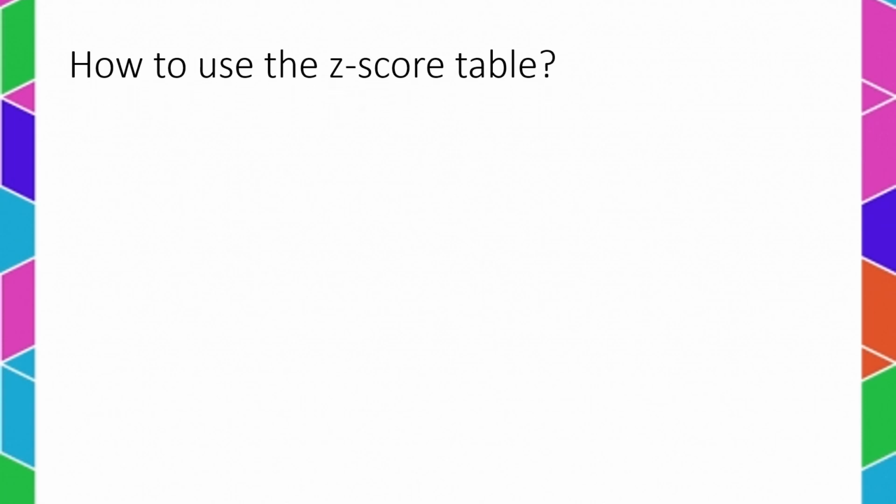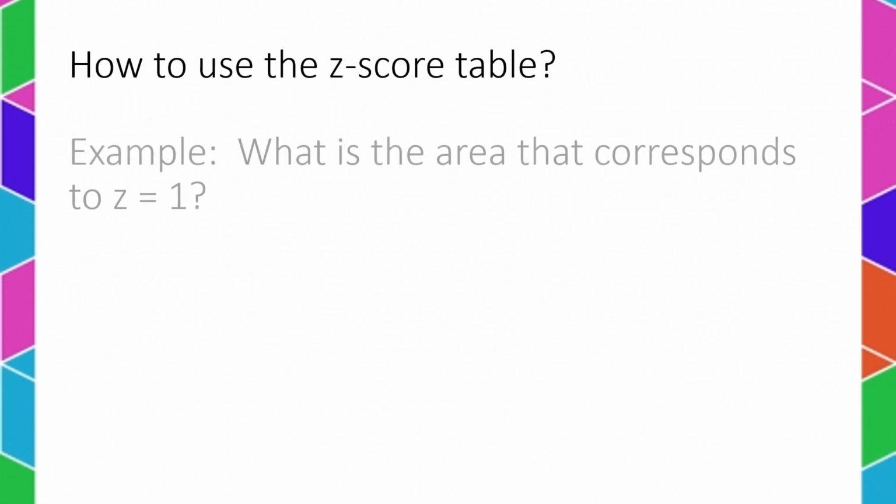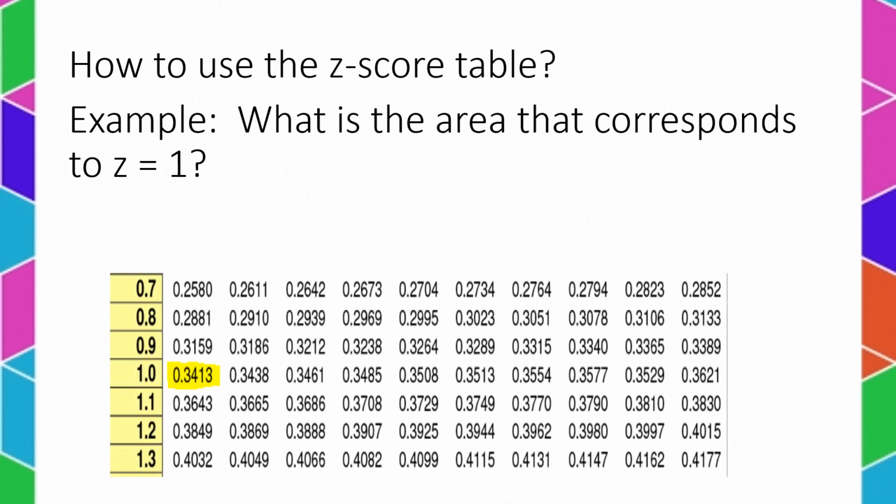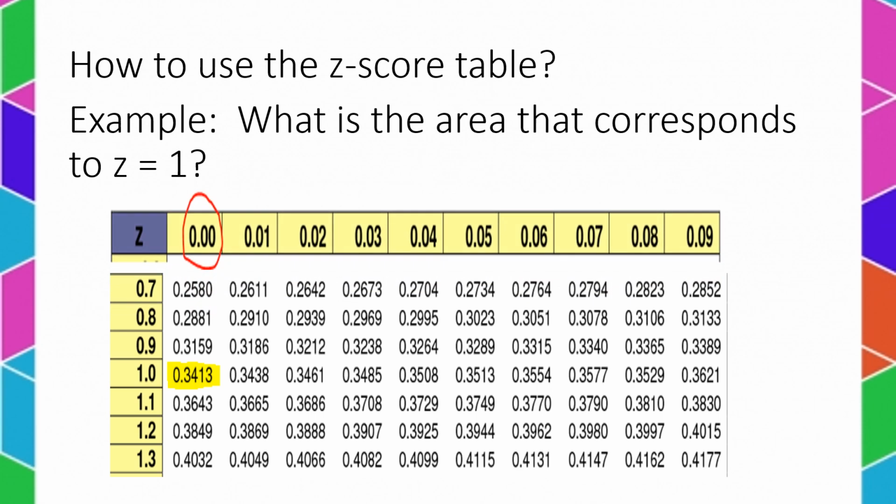How to use the z-score table? So let us have our first example. What is the area that corresponds to z equals 1? So first thing to do is to locate the z value sa left side. Hanapin natin yung 1. Since it is a whole number, it means 1.00. So sa itaas, ang hundredths place niya is 0.00.